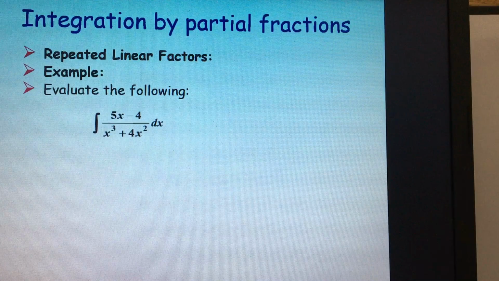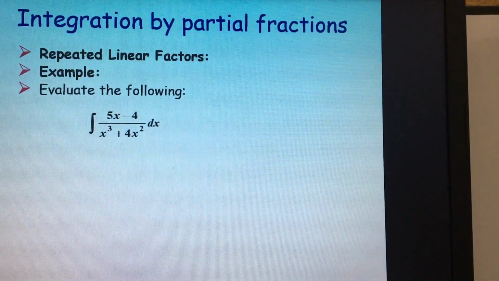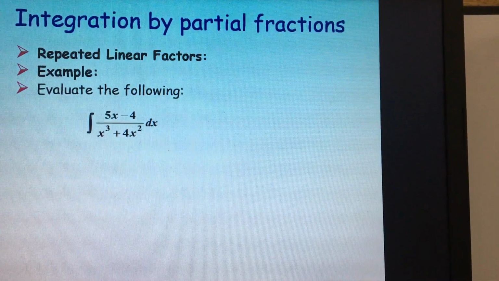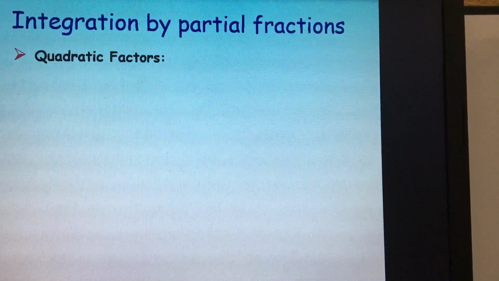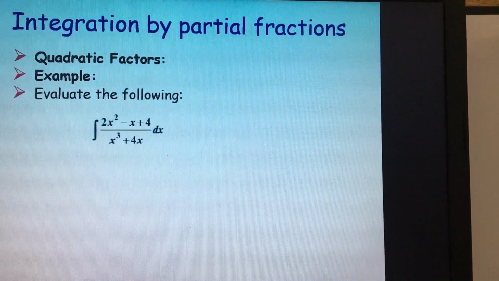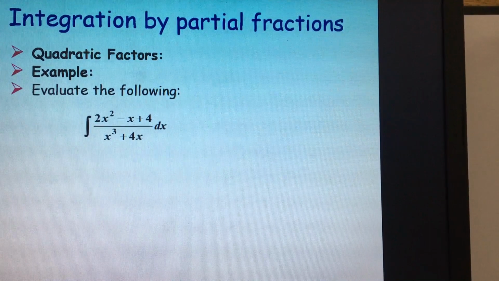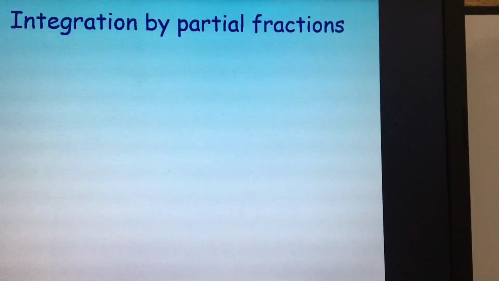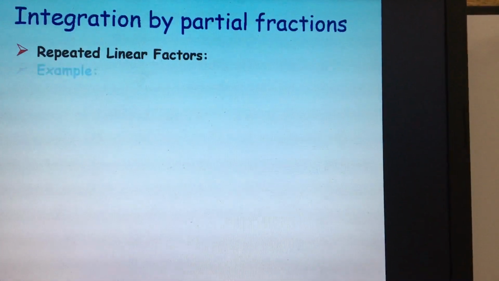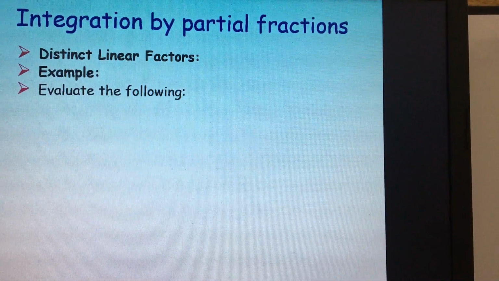So the degree here at the numerator is less than the degree at the denominator, and so with this, and also with the other.